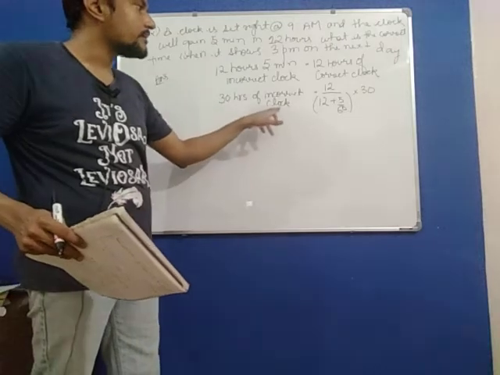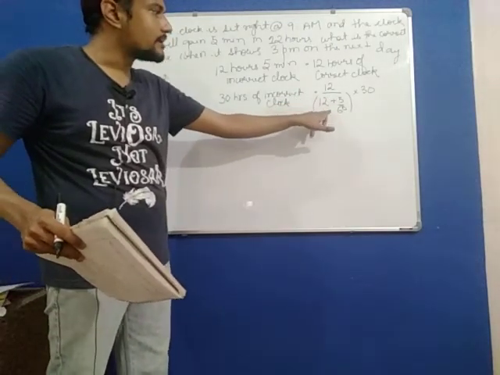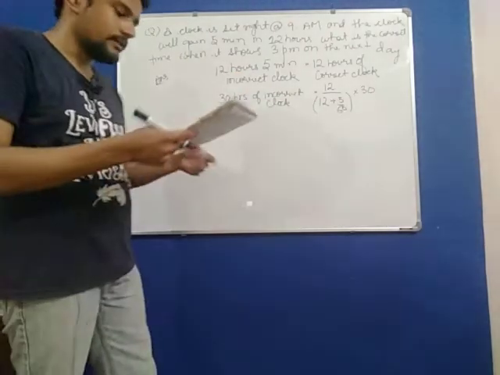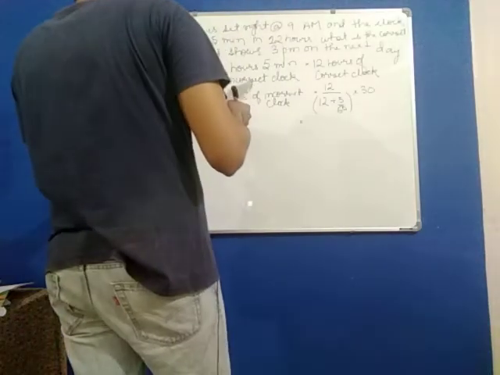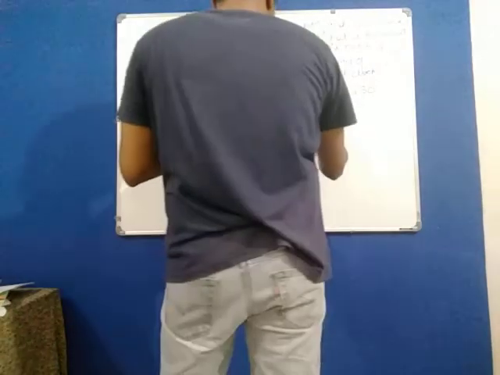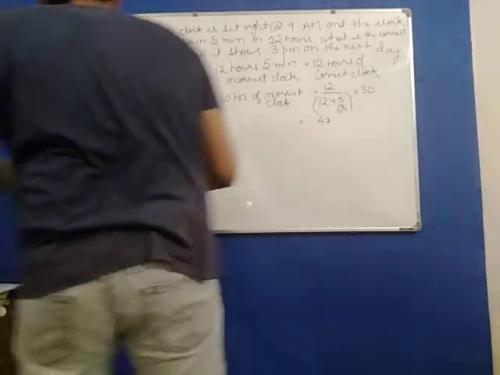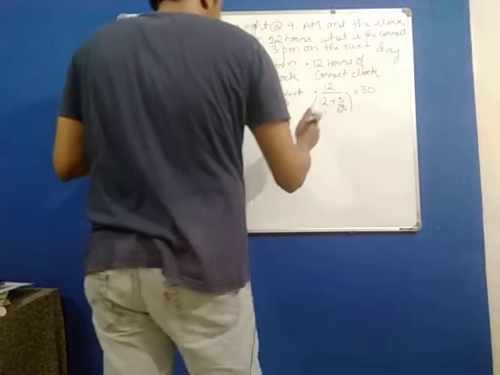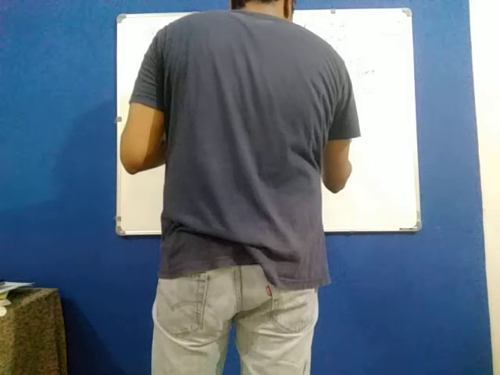So 30 hours of incorrect clock will be 12 upon 12 plus 5 by 60, that is nothing but in hours form 12 hours and 5 minutes, into 30. When we solve this, we will find that this will come out to be equal to 864 by 29.